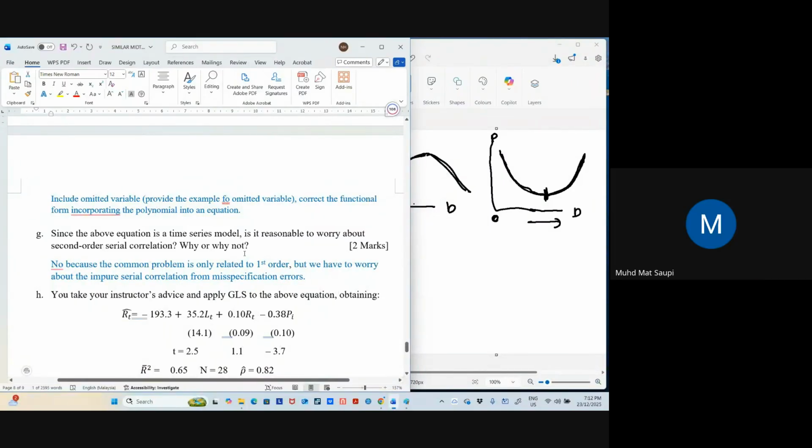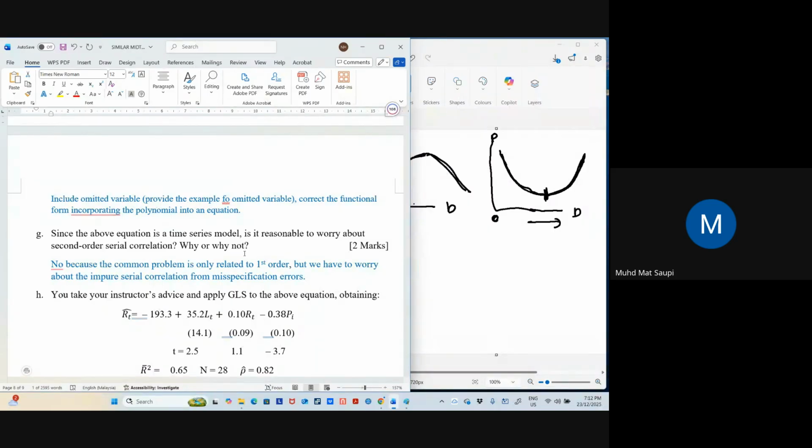Madam, I have a question. Regarding if the question asks for the omitted variable, and then we expect even the omitted variable that we expect have the multicollinearity issue, and then we mention some variable that we think, and then lastly we mention but this omitted variable may have multicollinearity issue.